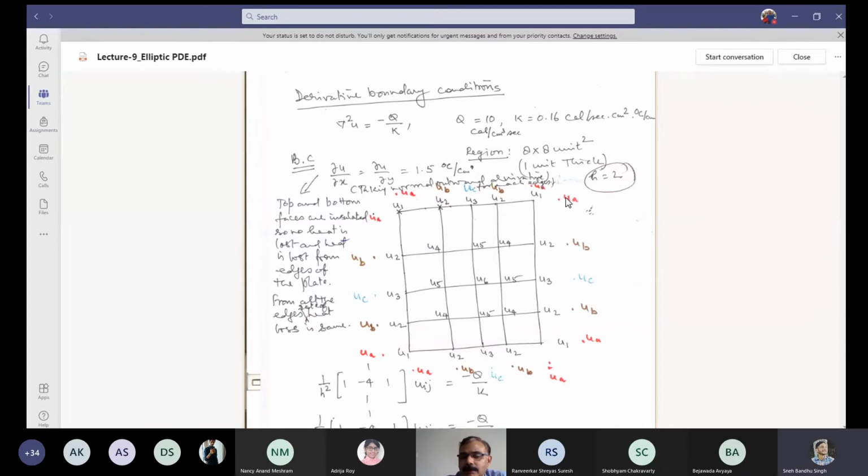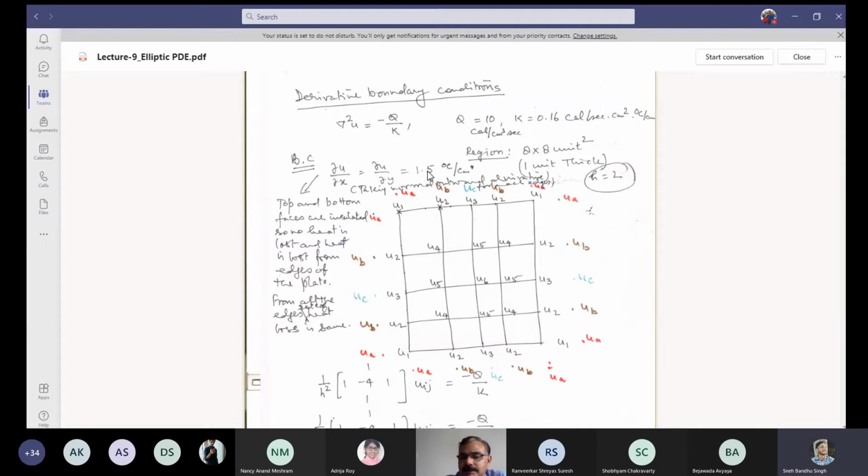Are you able to see that? So del U by del X at this edge will be UA minus U2 divided by 2H, equal to 1.5. Is that right?